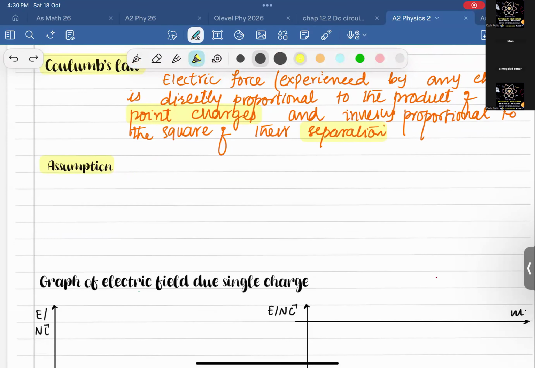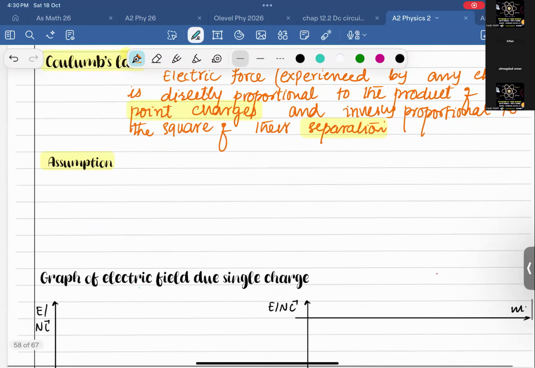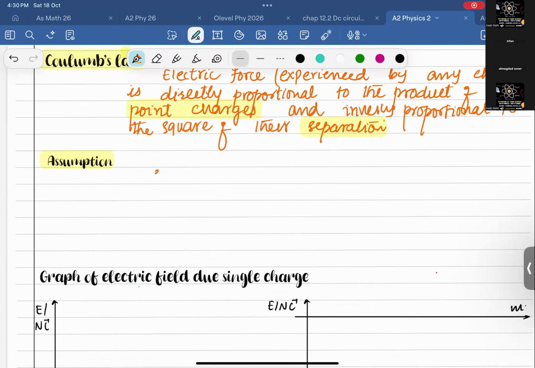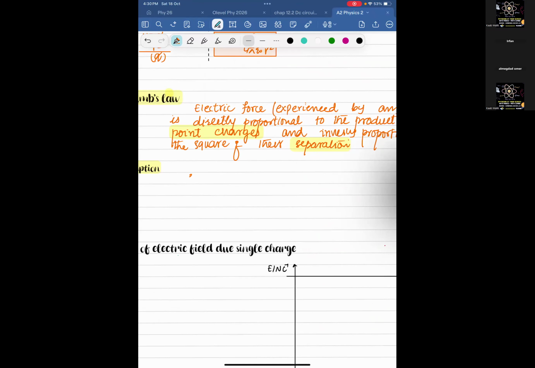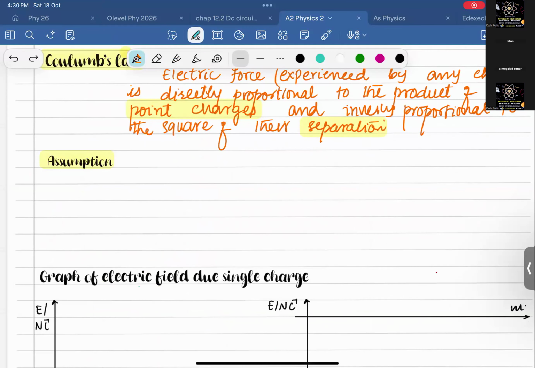So the first one is basically that charges must be point in nature, right?